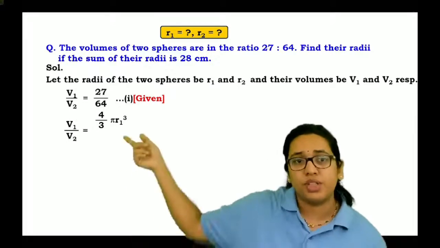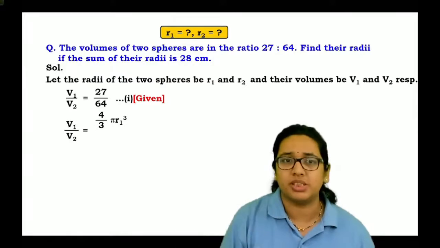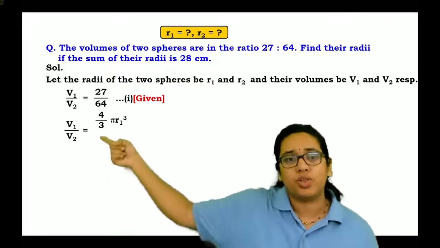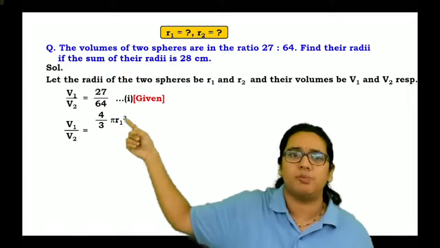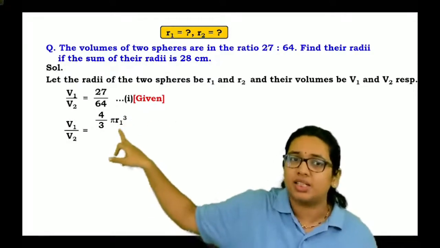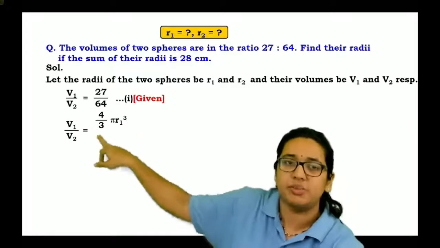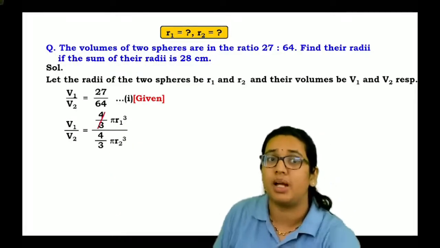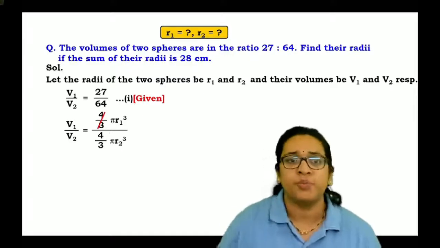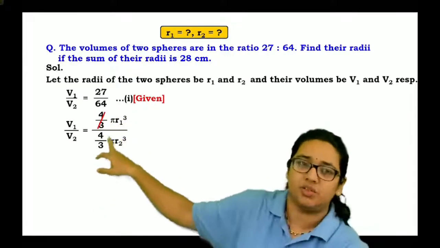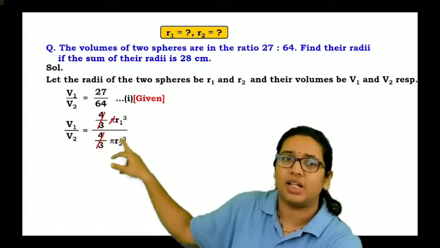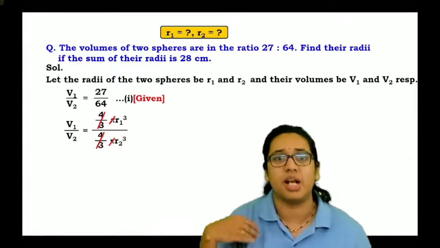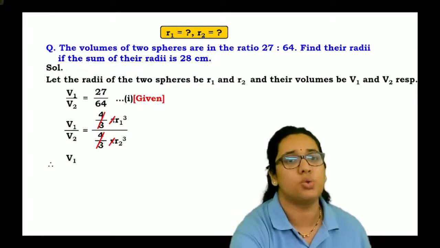But V1 आप use कैसे करोगे, because volume is nothing but 4/3 pi r cube. तो V1 find out करना है तो 4/3 pi as it is रहेगा, but r की जगह पे आप use करोगे R1 cube. Similarly for V2, what you will do here is 4/3 times pi R2 cube. So 4/3 will get cancelled with 4/3, pi will get cancelled with pi. So V1 upon V2 is nothing but R1 cube upon R2 cube.